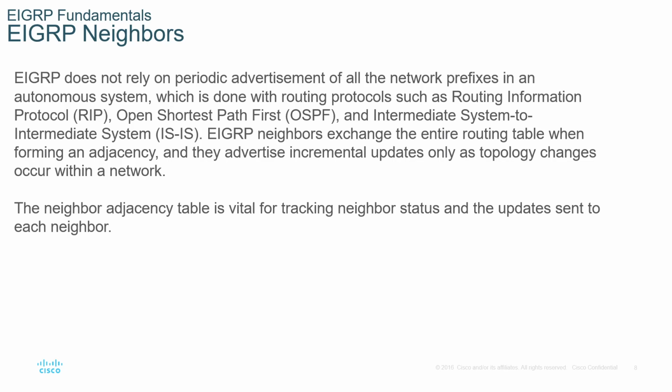It exchanges all of its routing information with everyone within the domain, and it will receive incremental updates when changes within the topology occur. So it's very important that the protocol keeps track of its neighbors so that it can send updates when changes occur.